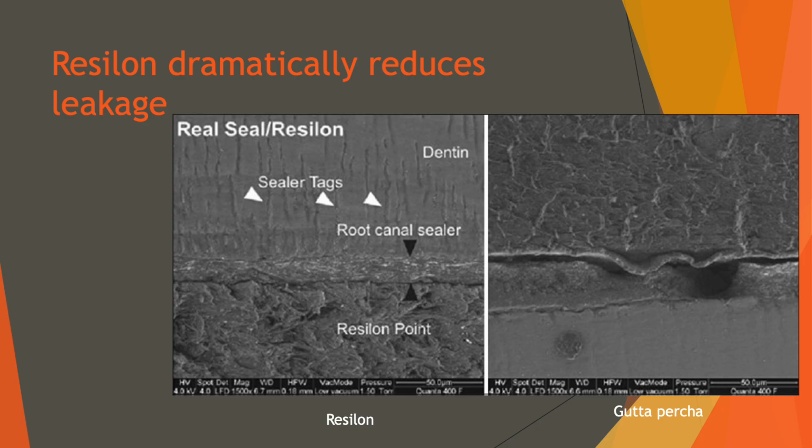There are tags like the ones we make in composite, and it makes a very good, tight seal. In the other picture, there are spaces between the obturating material and the root dentine. So in sealing, yes, the Resilon has superior sealing properties, but it's very bad in retreatment. It's very hard in retreatment.